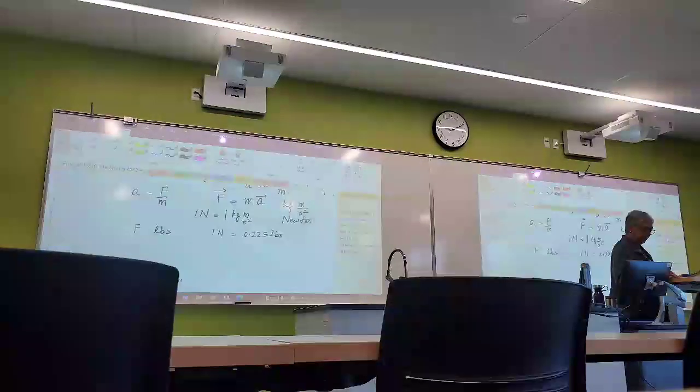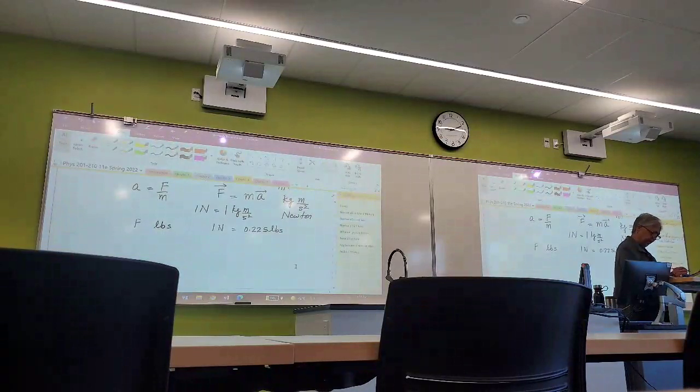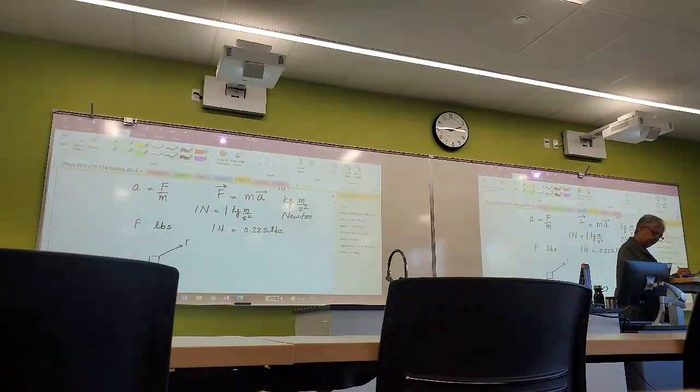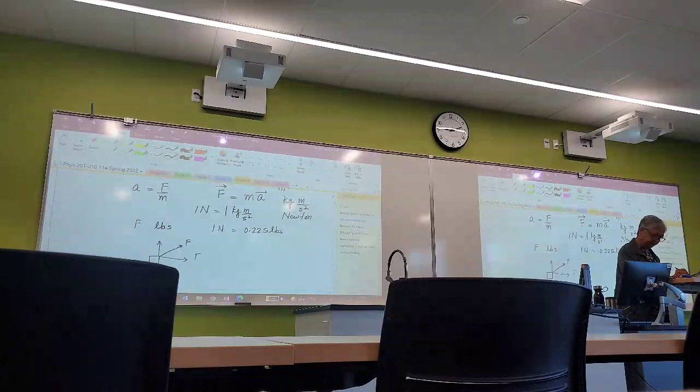Okay? Now, if force is a vector quantity, and if I have an object here, and if I pull with this force here, since force is a vector quantity, won't you say that there is an x component and a y component? Correct?